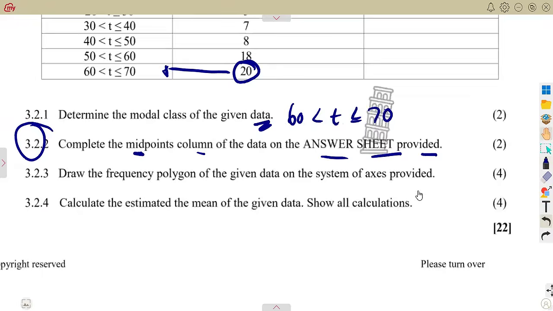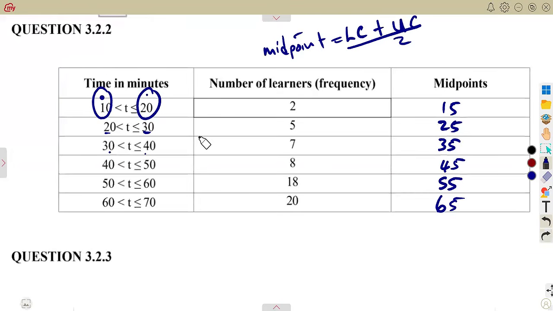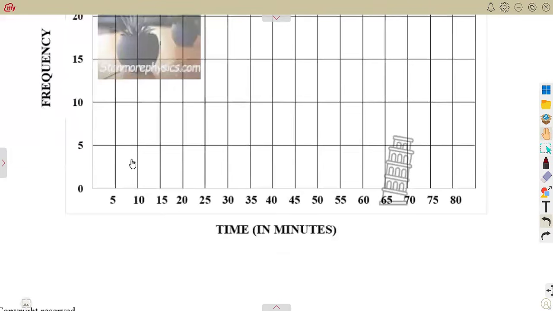Then from there, you are now asked to draw the frequency polygon of the given data on the system of axes provided. Remember, a frequency polygon is taken to work hand in hand with a histogram. So you're going to simply use these classes versus their midpoints in terms of the frequencies that you are having.